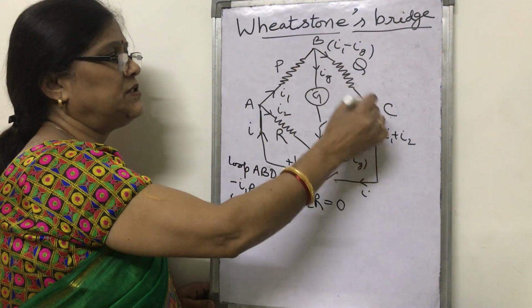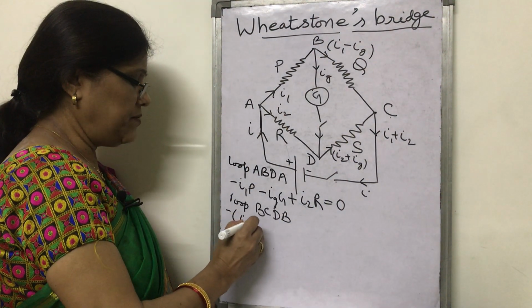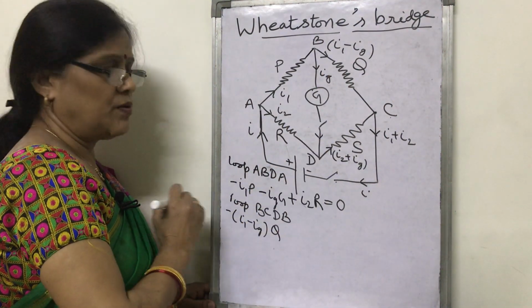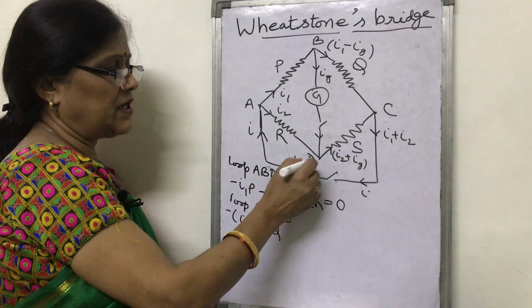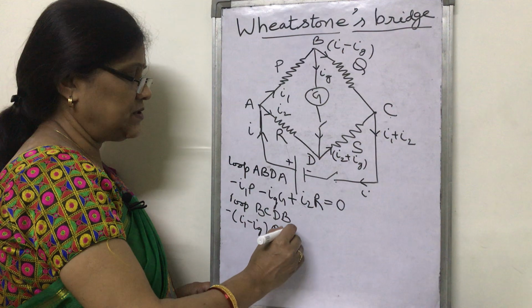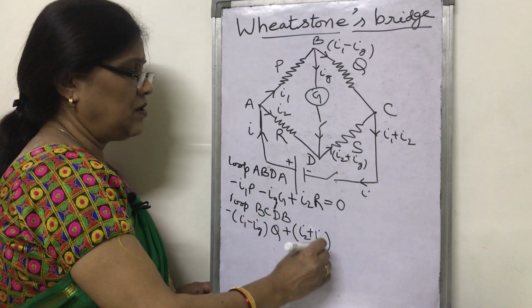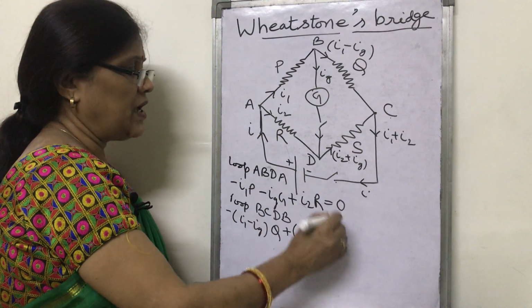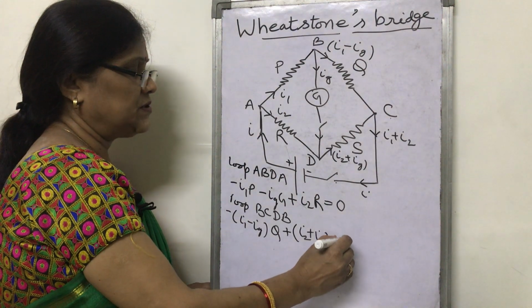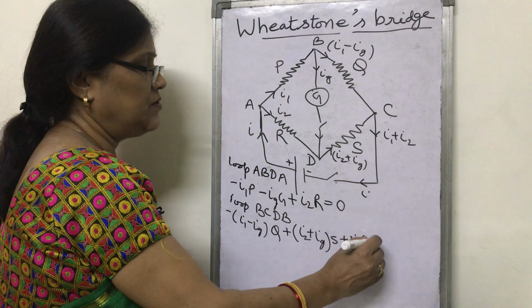So BC: minus (I1 minus IG) into Q. Then in this direction, against the current, you write with a plus sign: plus (I2 plus IG) into S, and here against, you take plus IG into G, equal to 0.